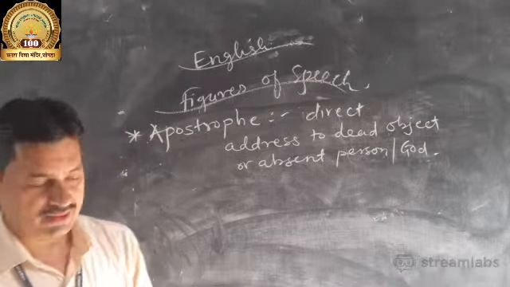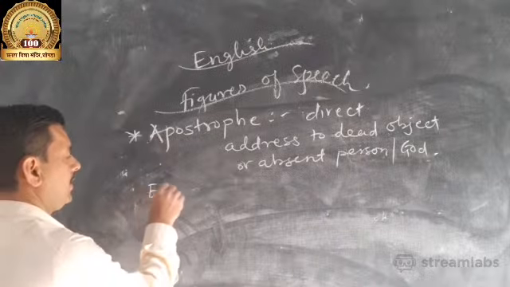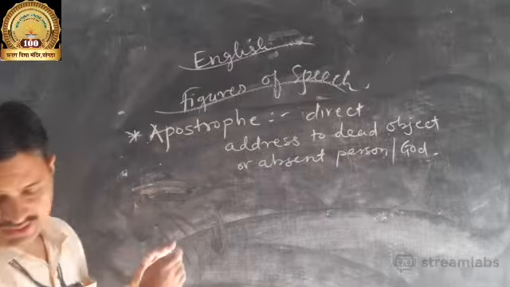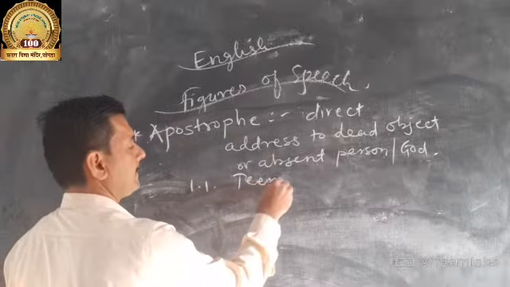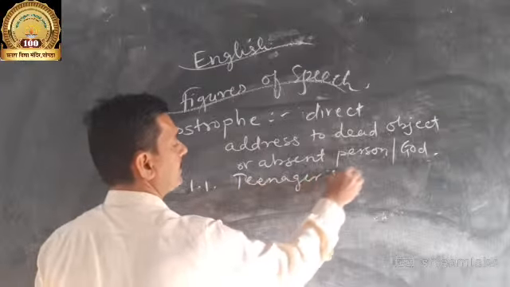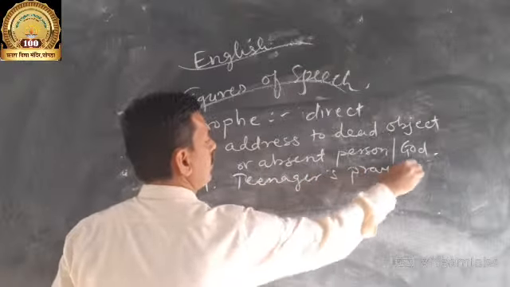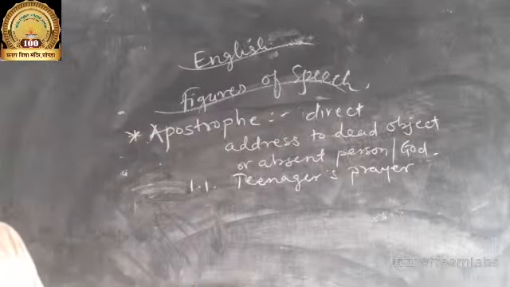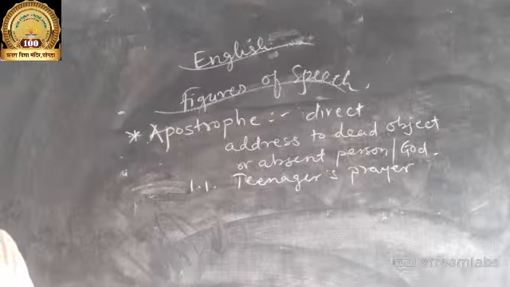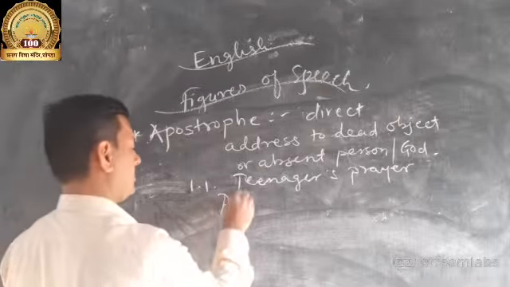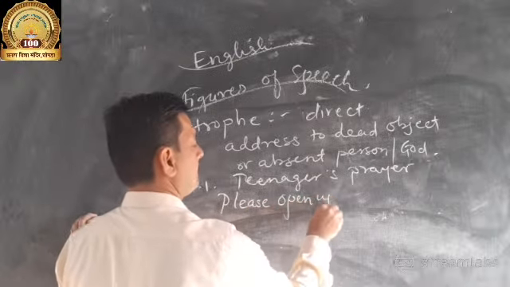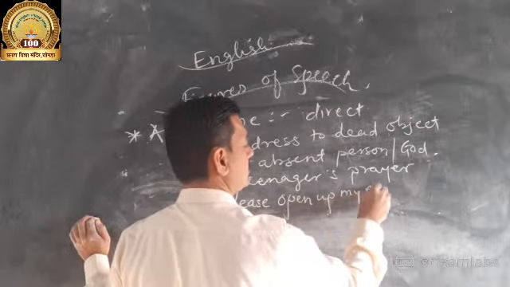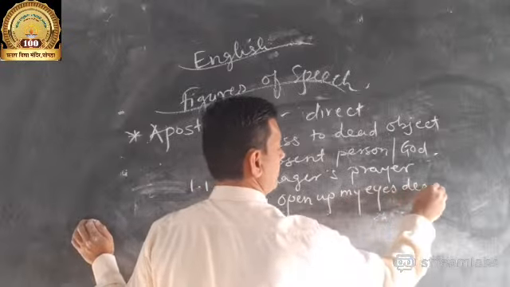So it is very easy for all of us to identify. Now see the example here. In the first poem, A Teenager's Prayer, you can find there is a line, "Please open up my eyes, dear Lord."